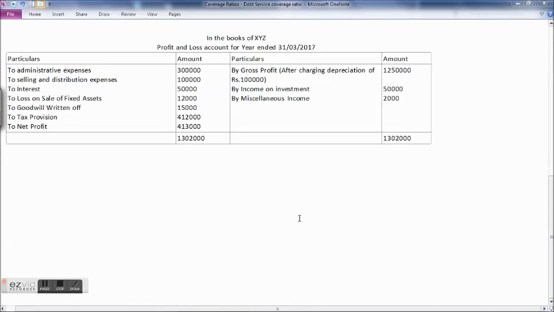Now we have to calculate the debt service coverage ratio.